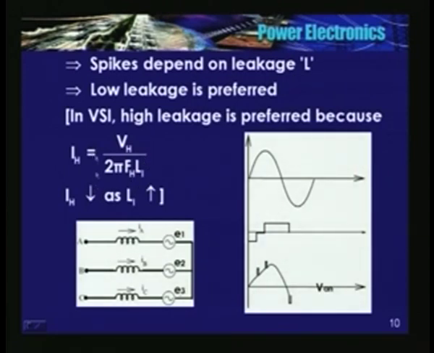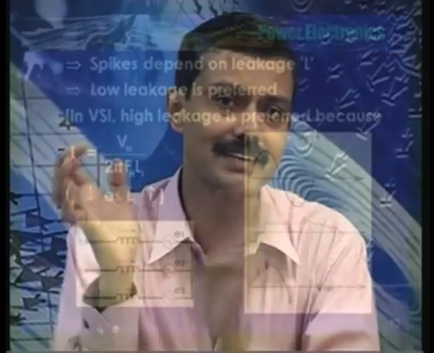So, IH decreases as L1 increases, for a given harmonic voltage. Therefore, higher leakage is desirable if the machine is being fed from a voltage source inverter, and in case it is being fed from a current source inverter, a low leakage machine is desirable. Is that okay?